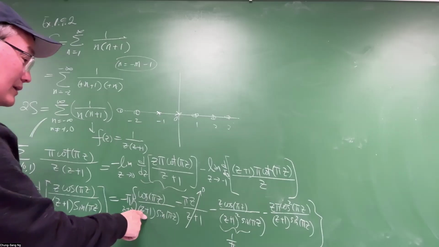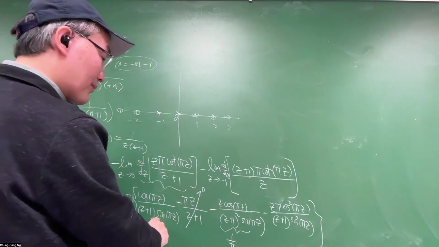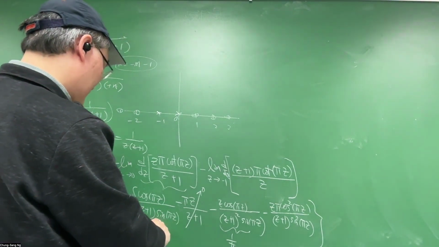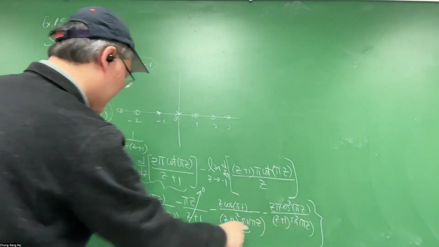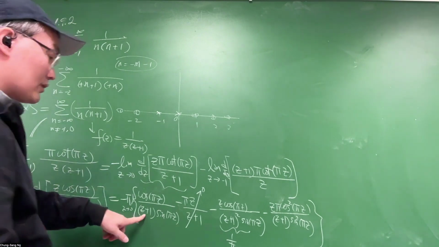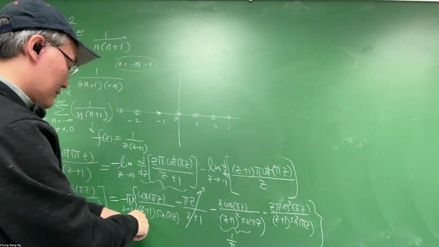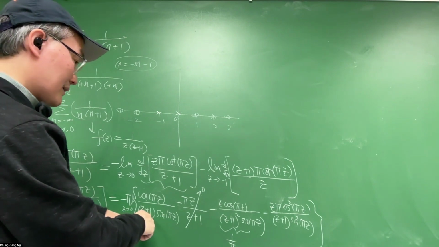Now for the other one, it looks to be singular, but you need to combine the two first, right? All the z plus 1 are just changed to 1 because they are fine, right?